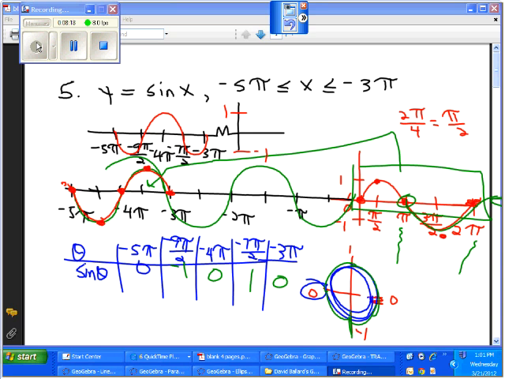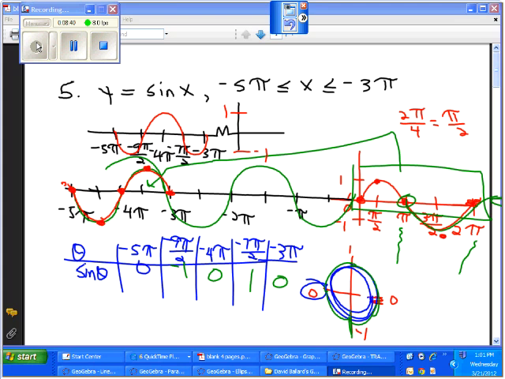So you might like a table better than trying to mentally think what part of that we're at when we shift it. That might not be so easy to think about. Any questions on number 5? We're still doing our unit circle stuff from memory, right?